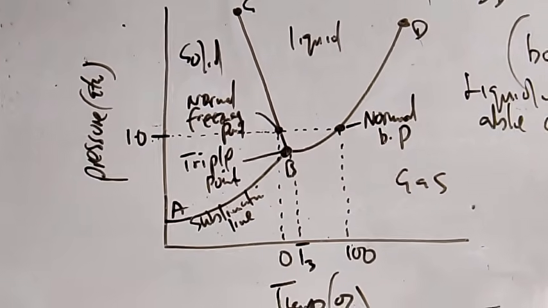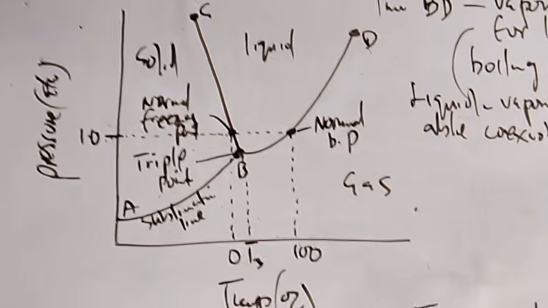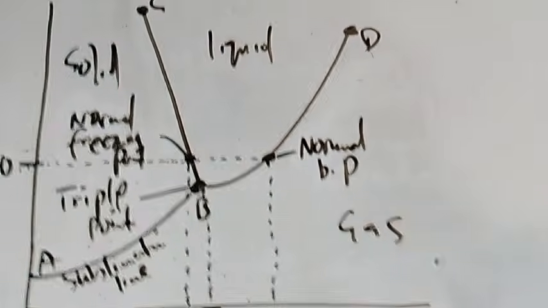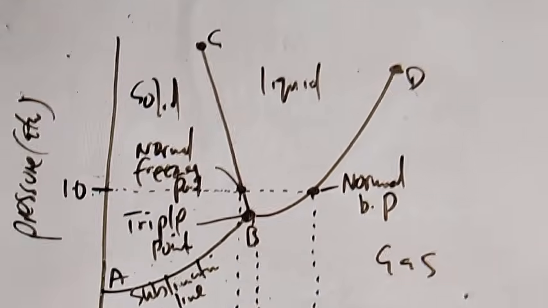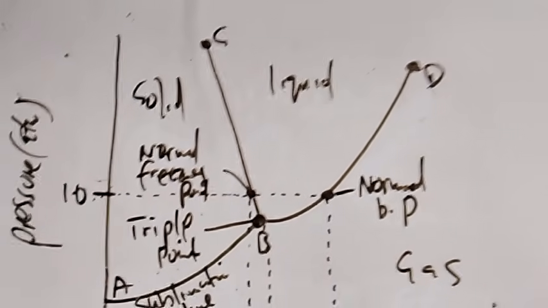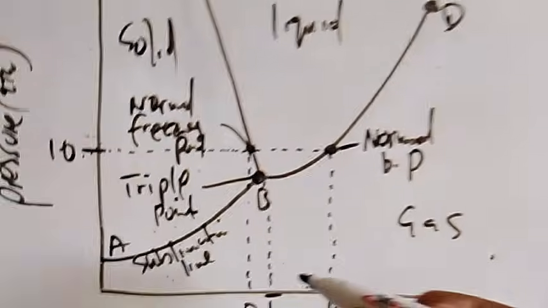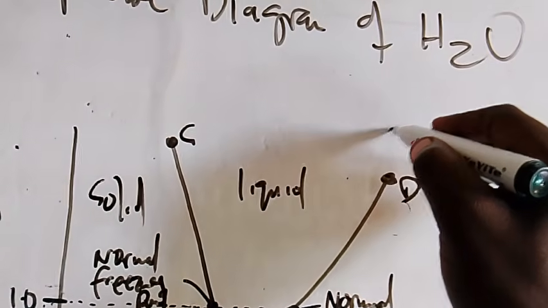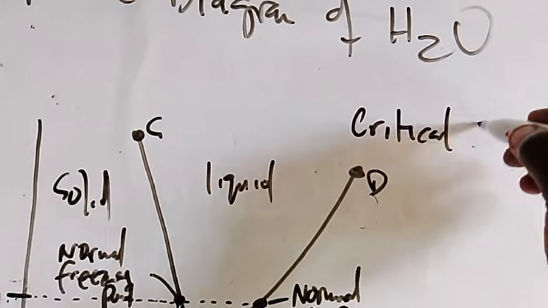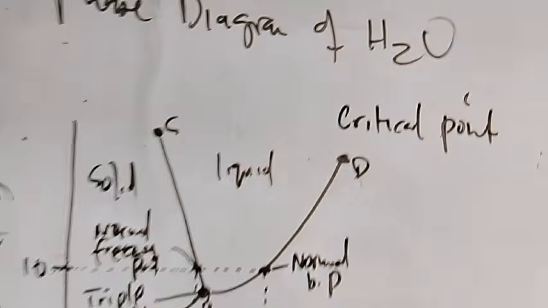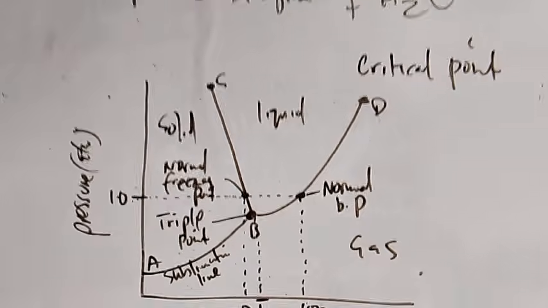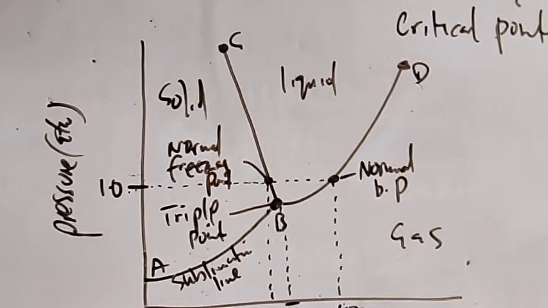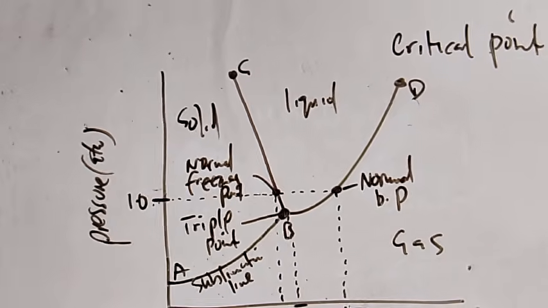Okay, then the line which starts at B terminates at D. D is called the critical point.